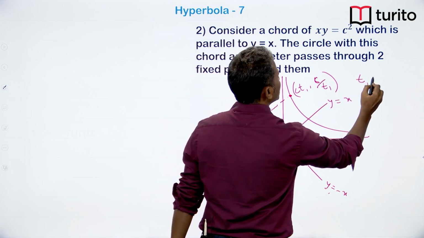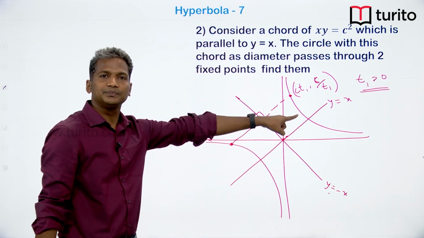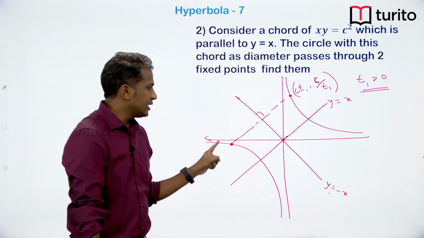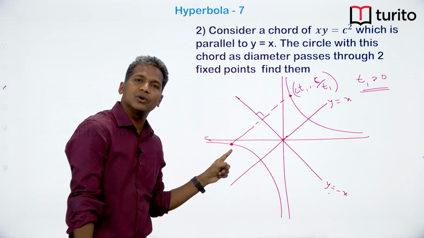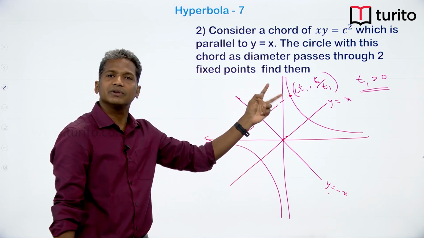Here I am assuming that T1 must be greater than 0 because I have taken the point here, which means here both x and y coordinates must be negative and x and y must get reversed.